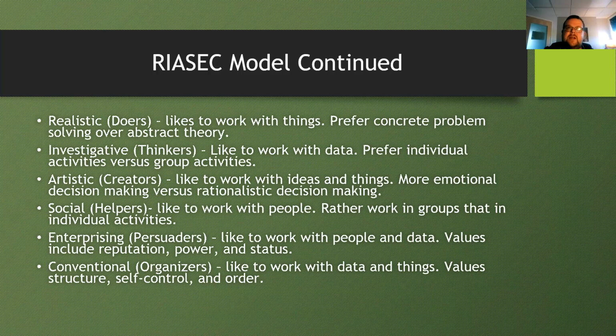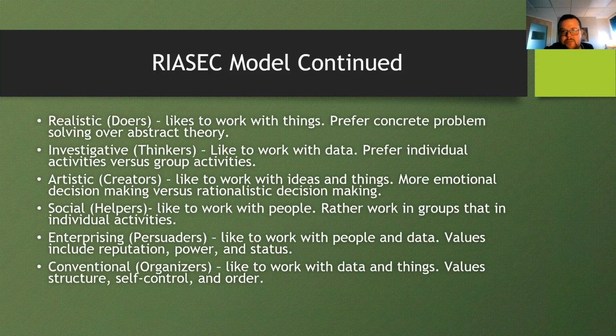So anyone who designs something creatively could fall high under artistic. And again, we could have a combination of all these. We could have a carpenter who is realistic, investigative, and artistic. They may be creating some sculpture out of wood, and they prefer individual work versus group activities. Hopefully you're getting the gist that we can combine these and there can be variations depending on the person.